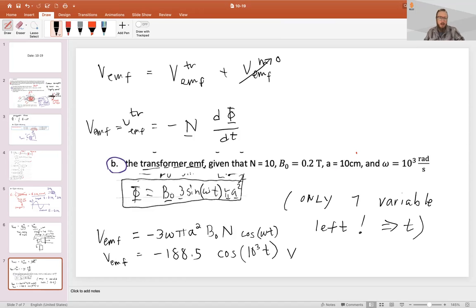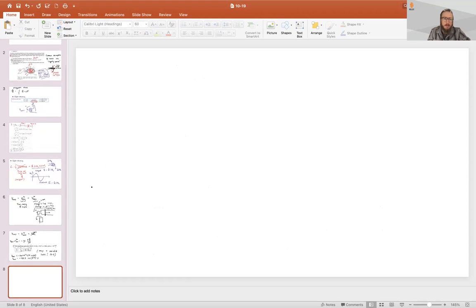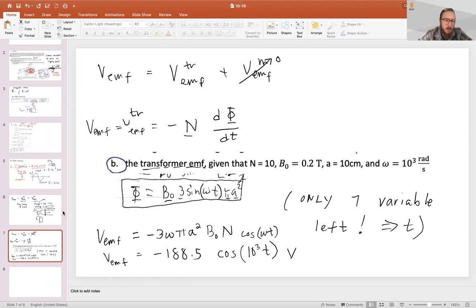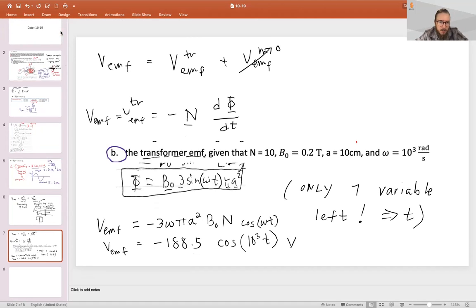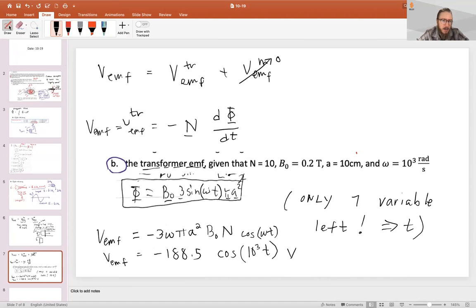Okay. So now we have an expression for the transformer EMF. Does this look correct to you? Okay, hopefully it does. Now let's look at this a little bit more. As we mentioned, there's this idea of polarity, and that's what part C asks. It says, what's the polarity of this at a given time?